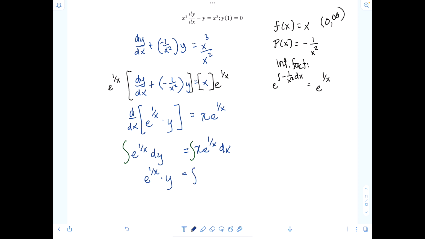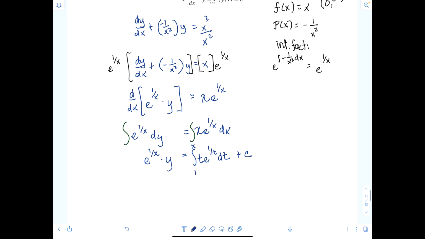So this is going to be the integral from 1 to x. I'm choosing 1 because 0 isn't defined, all right? And I'm going to put my dummy variable t in here. And then we'll have plus our constant of integration.